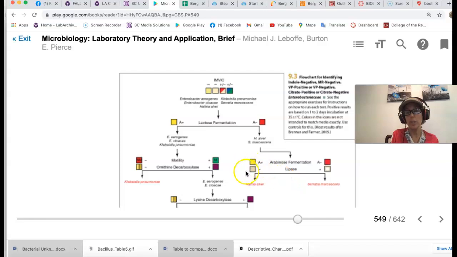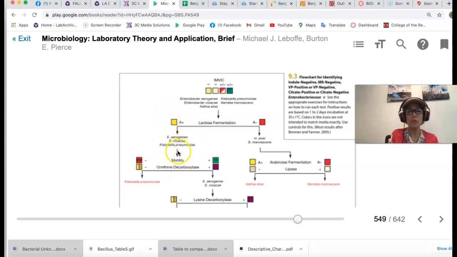So either your lipase test was wrong, and there's nothing you can do about that, you were given the results, or your lactose fermentation was wrong. So you could say, well, if my lactose fermentation was correct, then I end up down here with Serratia marcescens. So that's one possibility for my unknown. But what if instead my lactose fermentation results were wonky, and maybe my unknown was actually positive for lactose fermentation?